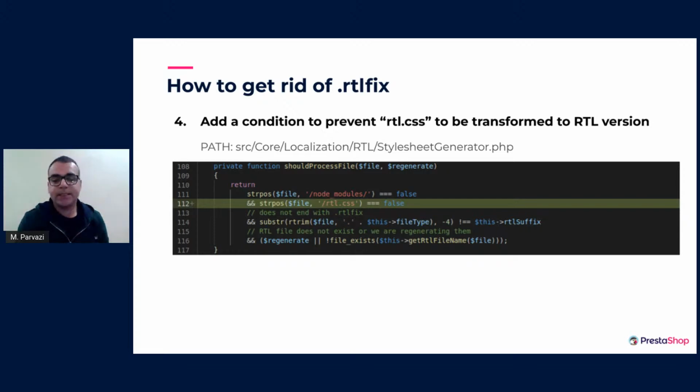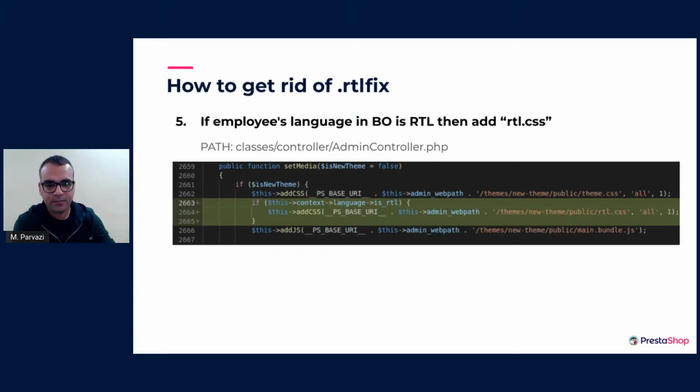And we need to prevent transforming this file with the CSS generator, so we need to add code to prevent converting this file to RTL again. And then if the context language is RTL, we need to link this file to the pages in RTL.